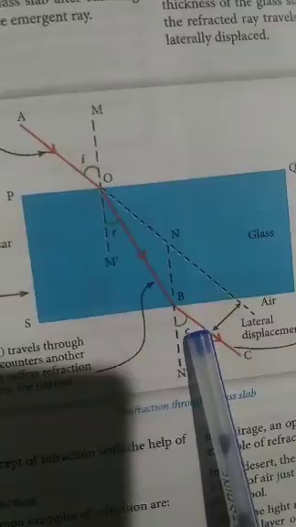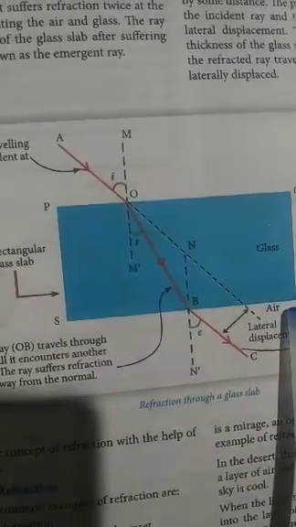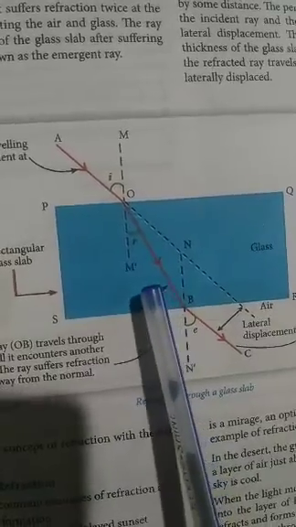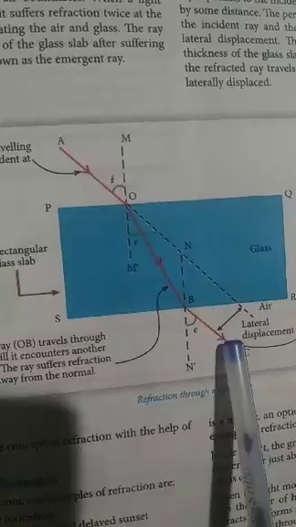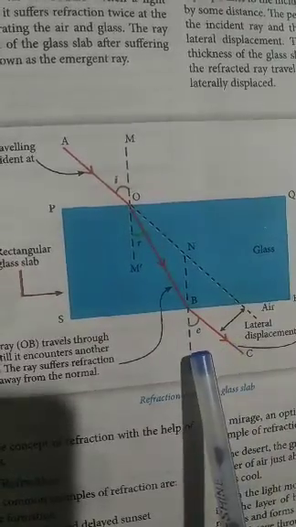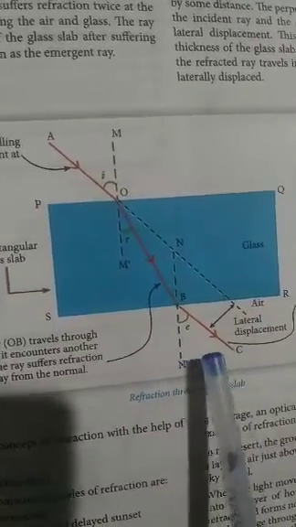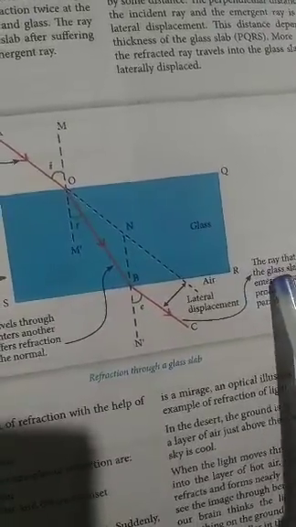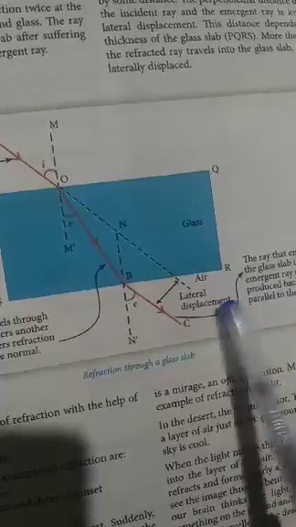In the second case, at the SR interface, when the light ray travels from glass to air, the ray of light moves away from the normal. The ray that emerges out of the glass slab is known as the emergent ray. If the ray is produced backward, it will be parallel to the incident ray.